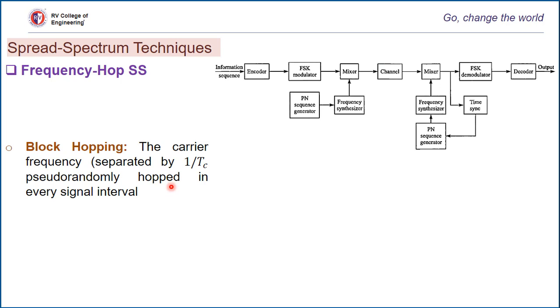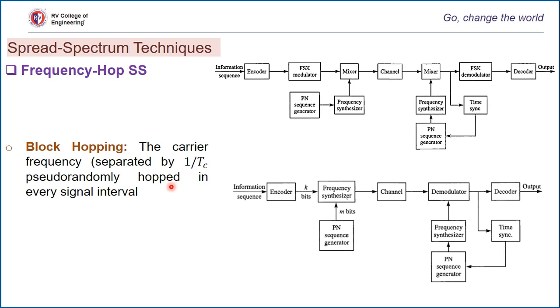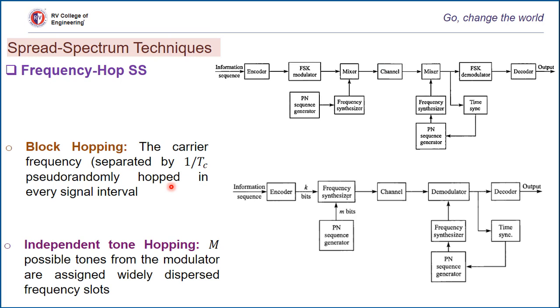Another type of frequency hopping that is less vulnerable to some jamming strategies is independent tone hopping. In this scheme, the M possible tones from the modulator are assigned widely dispersed frequency tones or frequency slots. One method for accomplishing this is shown here.